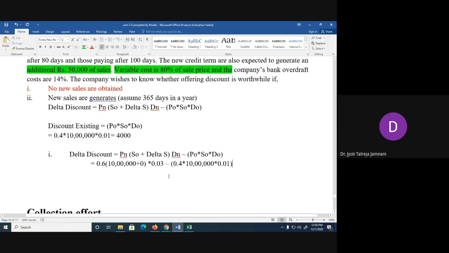Okay, so we'll calculate now. 60% of 10 lakh is 6 lakh, into 0.03 is 18,000, minus 4,000, that is the existing discount. So you get the new discount as 14,000.